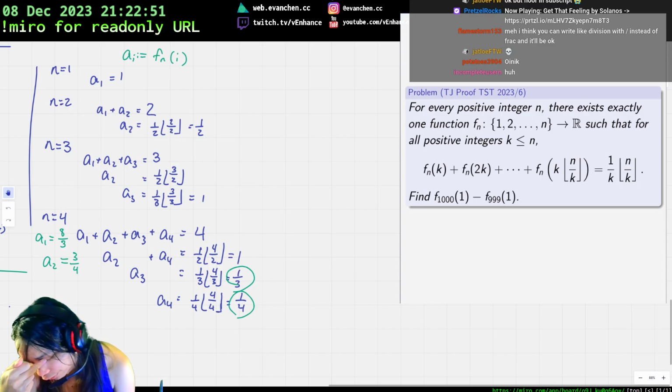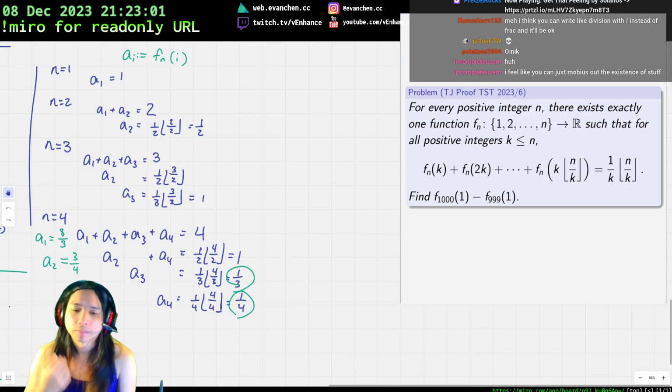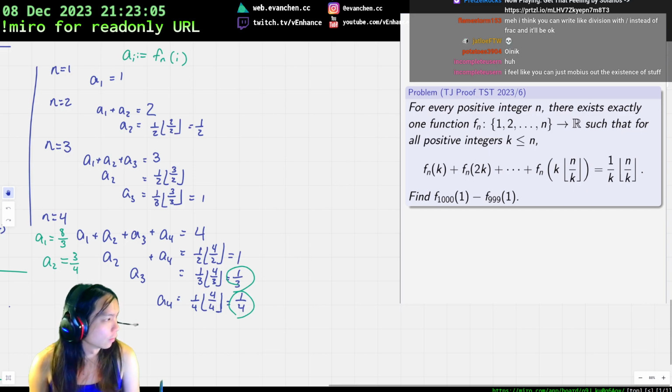For n equals 4, it's first equation minus second, actually minus second minus third. I don't know. Mobius out the existence of.